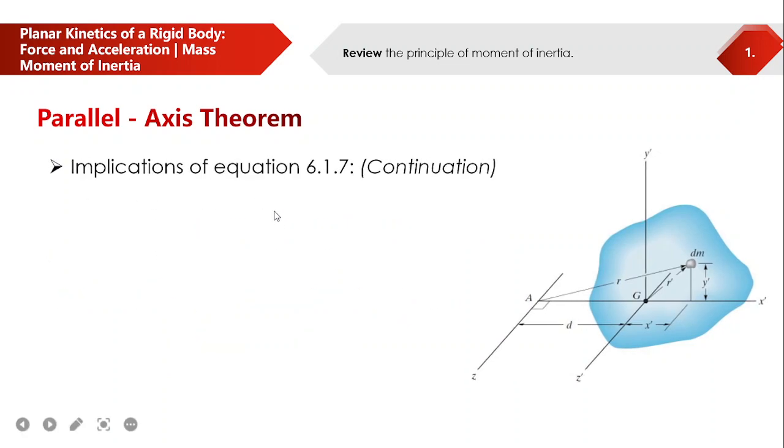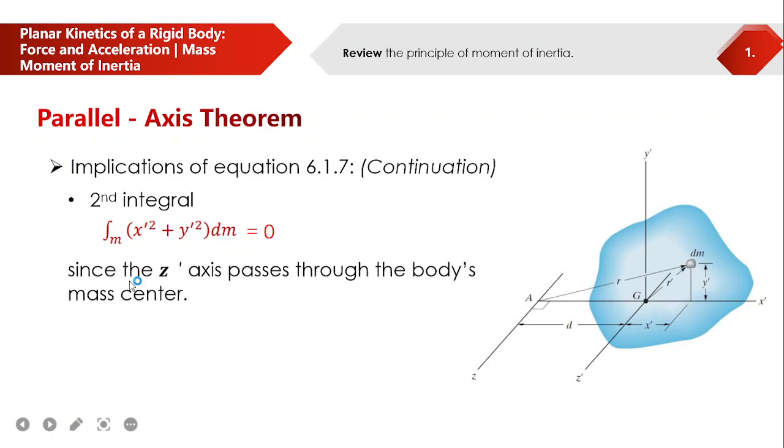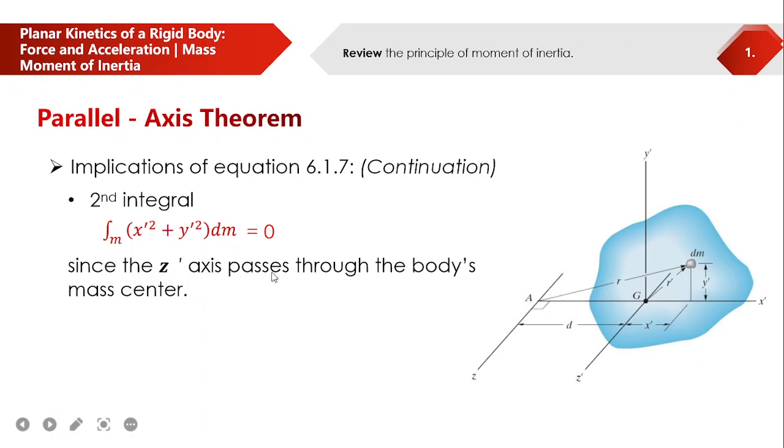Okay, for the implications of this equation, for the second integral, since that was the first integral, what is happening in our second integral? Again, it says the integral of x prime squared plus y prime squared times dm is equal to 0. Why? Since the z prime axis passes through the body's mass center, why is it 0? Because there is no radial distance from the center of mass, since the axis itself passes through the body's center.